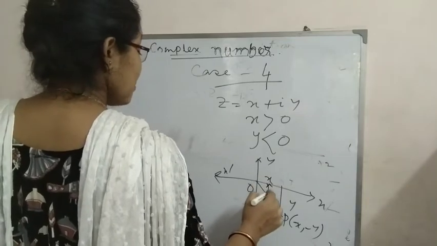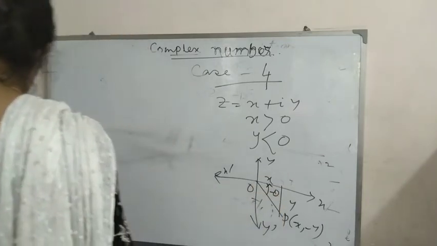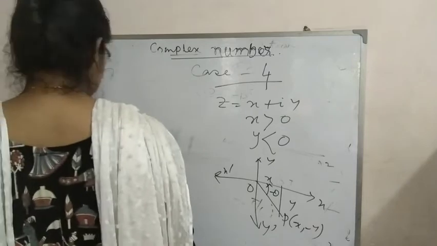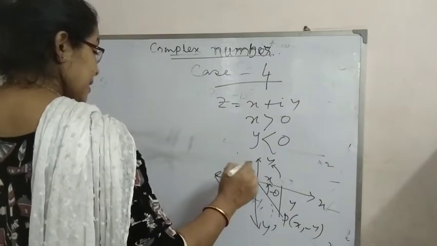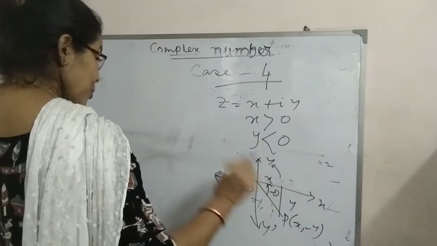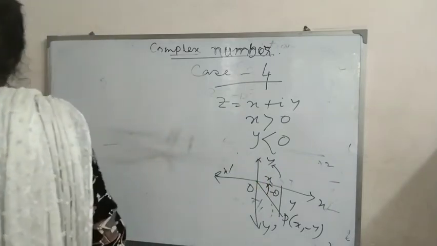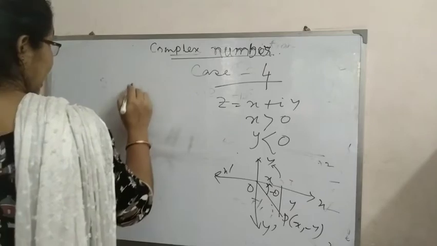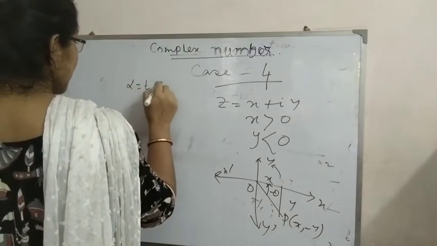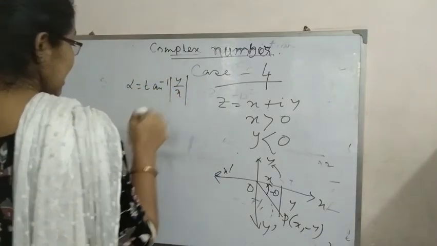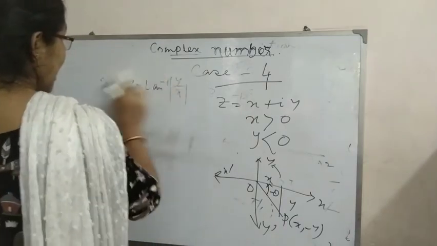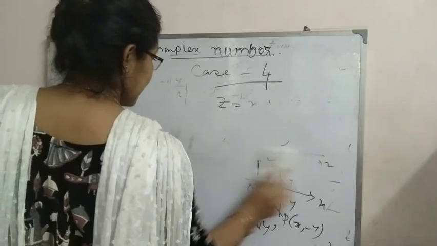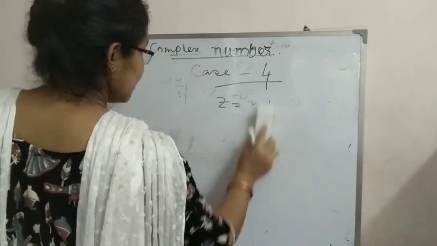This is equal to minus theta. Similarly, alpha equals tan inverse y by x. I will take an example, then you will understand it properly.